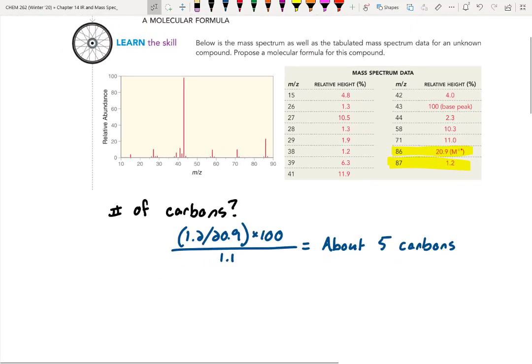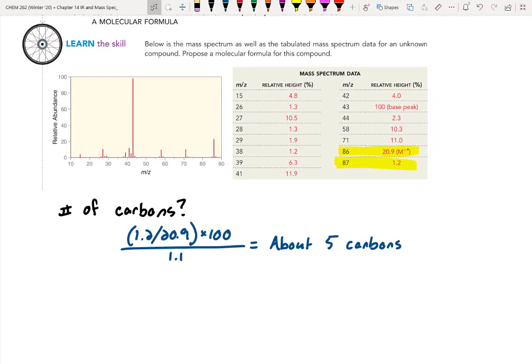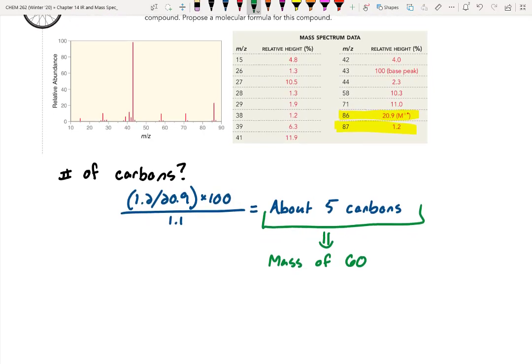All right, so that's a pretty useful tool. What do 5 carbons weigh? Whoops, 60? Okay, so 5 carbons has a mass of 60. That means that we've accounted for 60 of our mass units here.